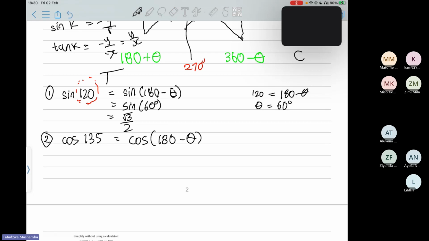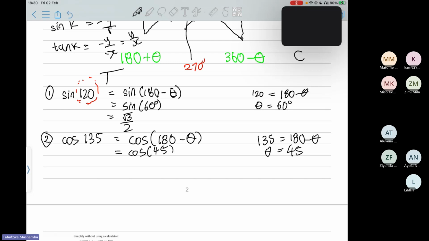And then we go to the side again, and we say 135 is equal to 180 minus theta. So what is theta? Therefore theta should be equal to 45. So that means here we just say therefore cos simplifies to 45.